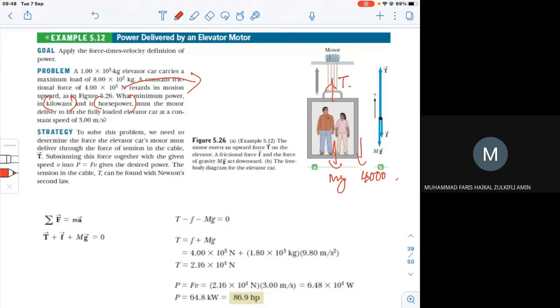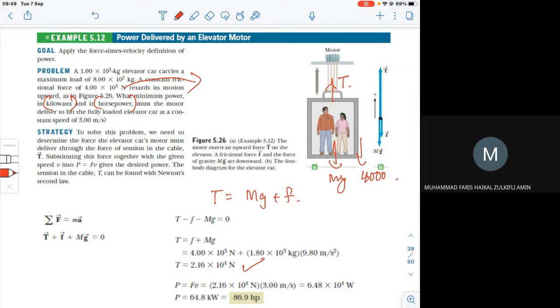So T minus F minus mg. So we bring everything to the other side, which means we have mg plus F. So mg is 1,800 times the gravity 9.8 plus the 4,000. So you will get 2.16 times 10 power of 4 Newton as the tension.